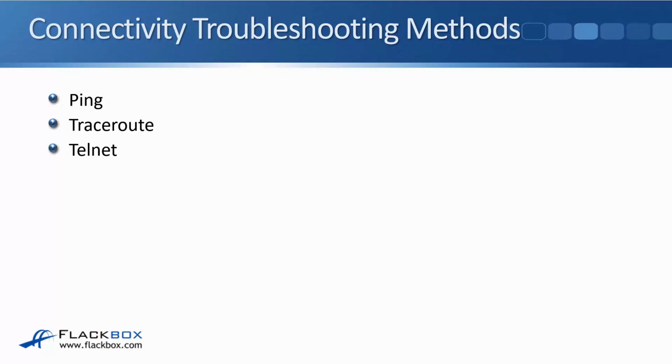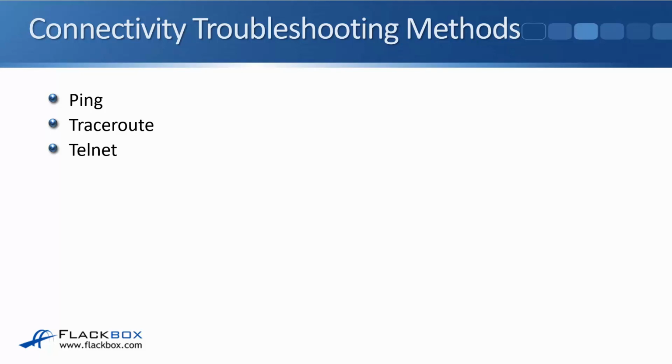Okay, so I just mentioned some of the common commands that we will use to troubleshoot connectivity. Really super common command to use is ping. That checks connectivity between two devices. When you send out a ping, it uses ICMP and it sends a packet from the source to the destination. The destination will then send a ping reply back again.